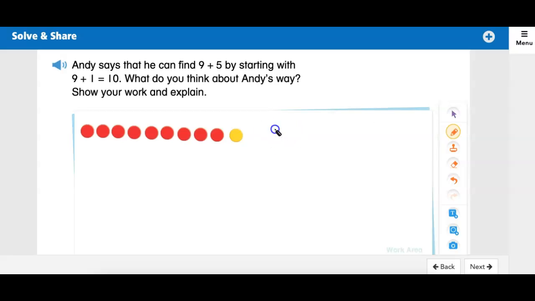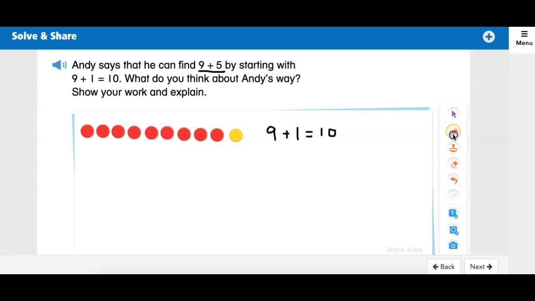Well, we know that Andy is correct with starting, that 9 plus 1 is equal to 10. So if I took my 9 red counters and my 1 yellow counter, that could show 9 plus 1 equals 10. But how can we use this equation to find 9 plus 5?